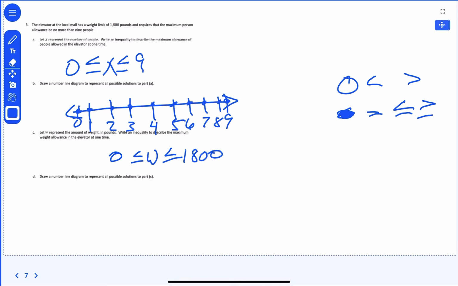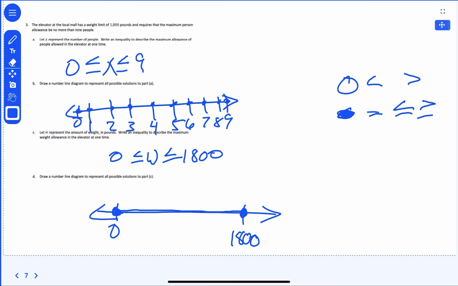Now, if I draw a number line here, I'm just going to draw my 1,800 over here, my 0 over here. Now we can do our closed circle and go to the left, and we would stop at 0.